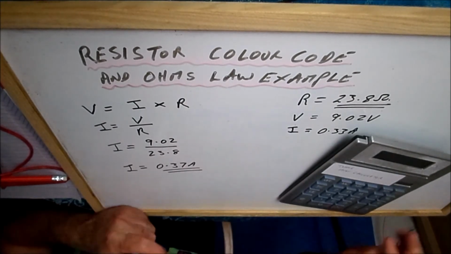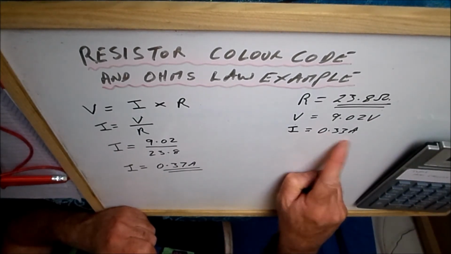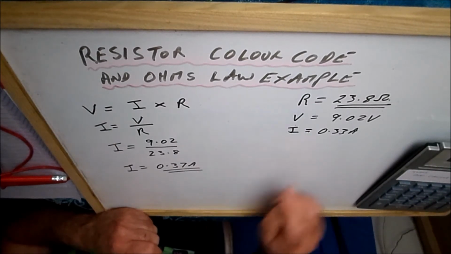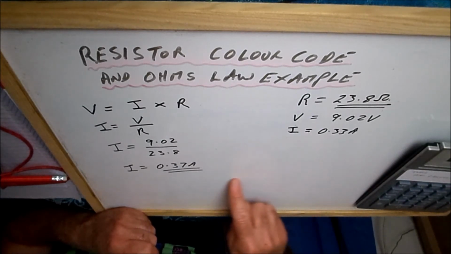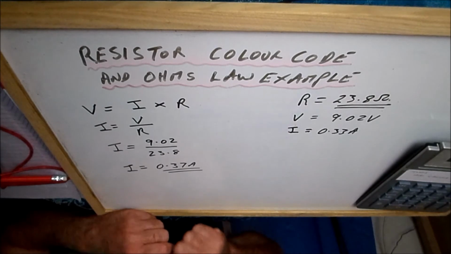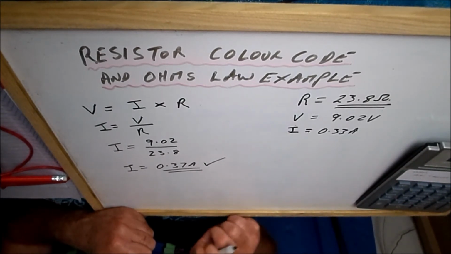Is that correct? Well, we measured at 0.33, so that's not bad actually. That could account for some oxidization of the connections or something to that effect, errors within the device and stuff. So I would say that that is correct.